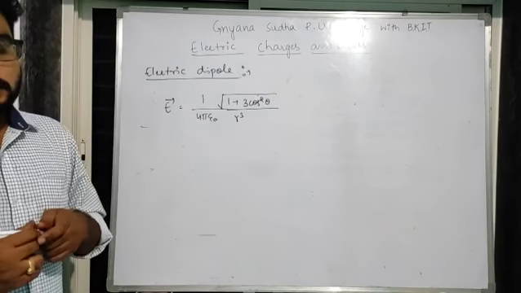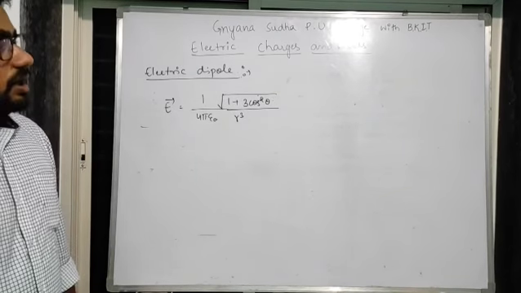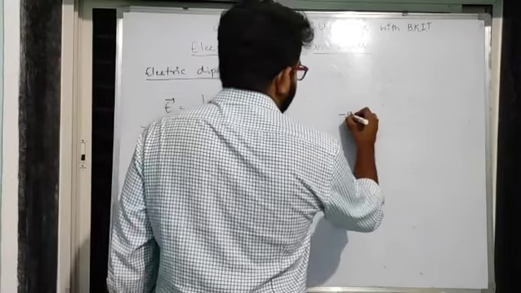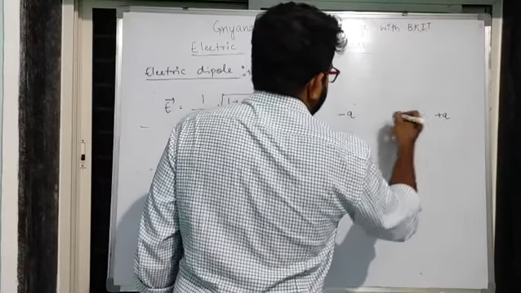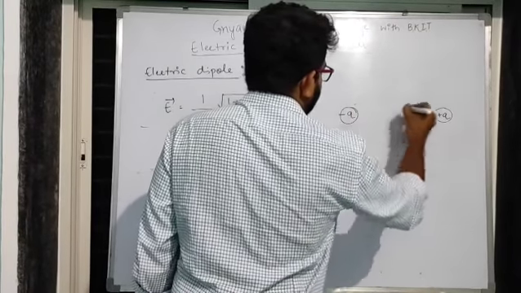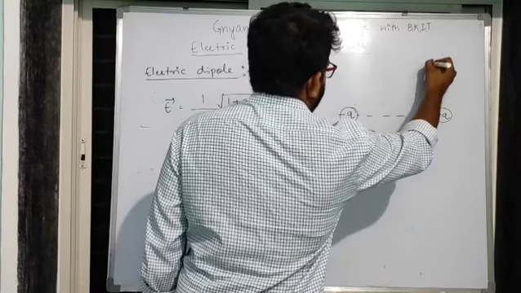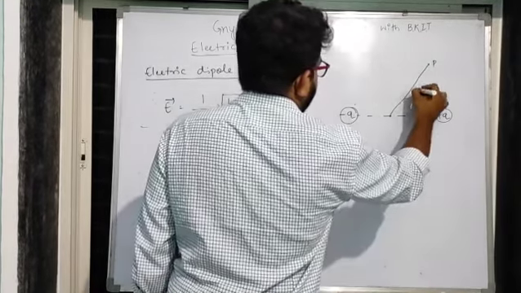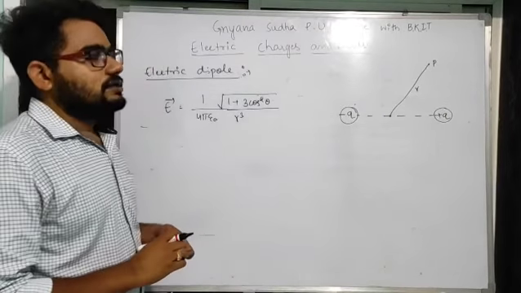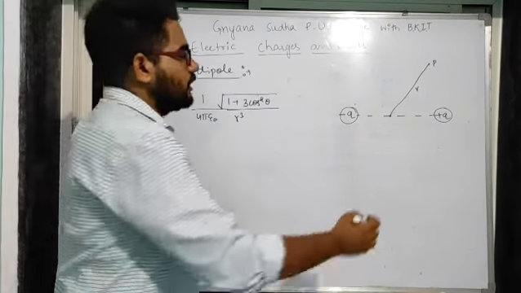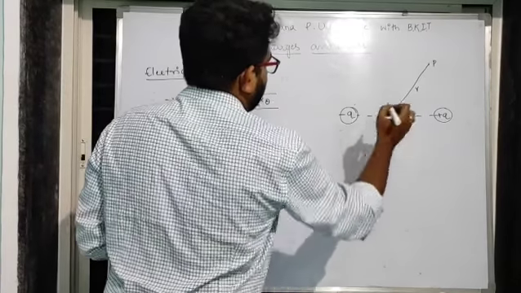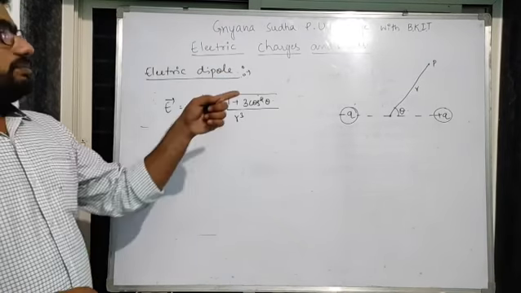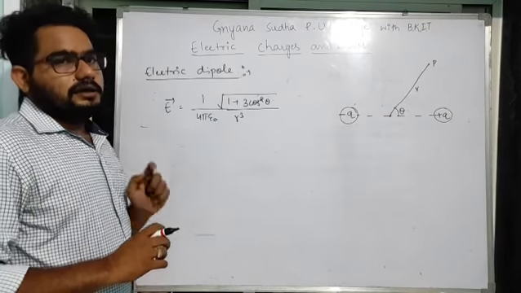From this formula we can derive it. For two point charges, negative and positive, there is a point P which is at a distance r from the center and making an angle of theta. Now, if we put the theta here, we will get the answer.